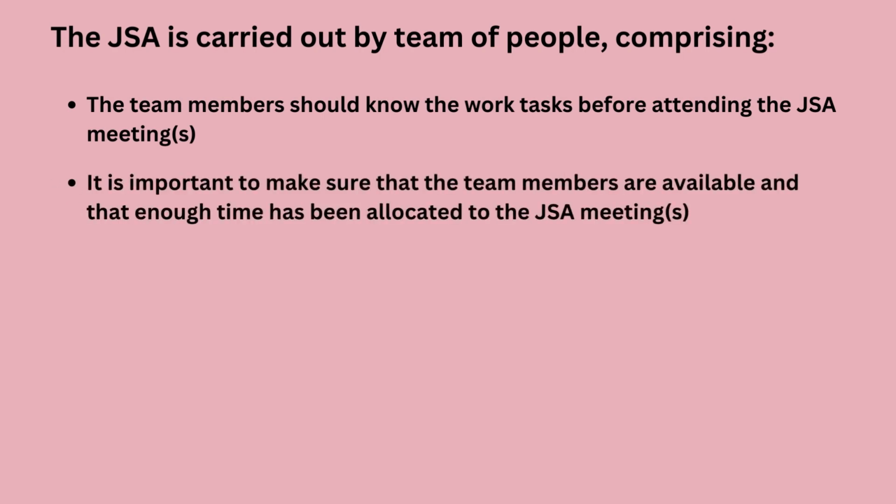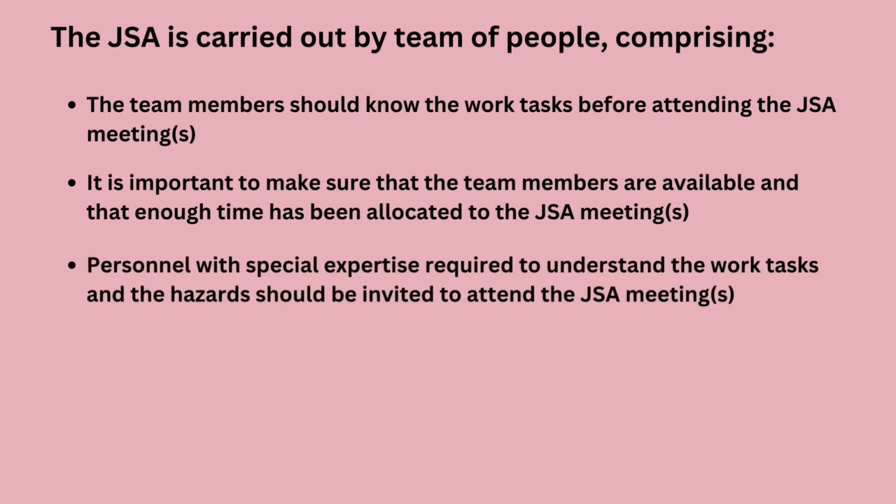It is important to make sure that the team members are available and that enough time has been allocated to the JSA meetings. Personnel with special expertise required to understand the work, task, and the hazards should be invited to attend JSA meetings.